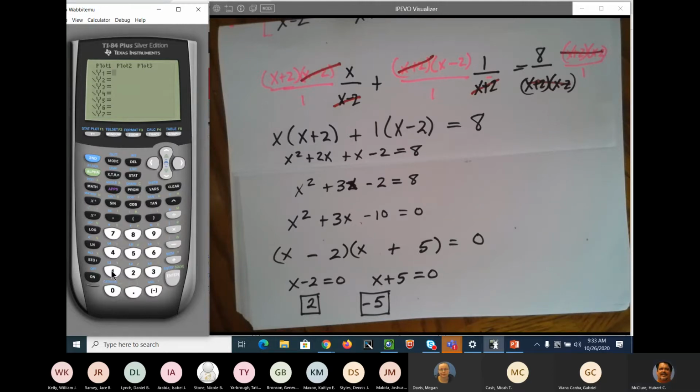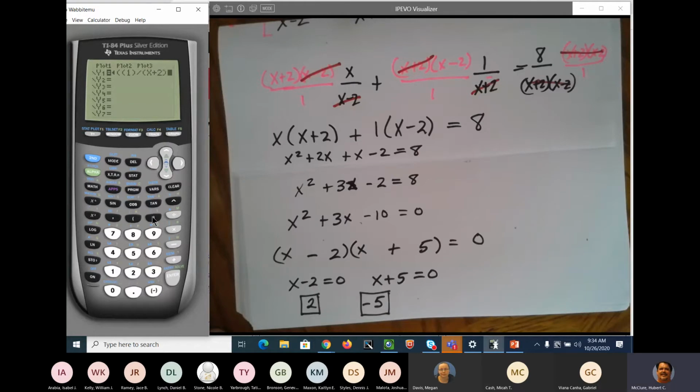Open parentheses, x, close parentheses, divided by, open parentheses, x minus 2, close parentheses, plus, open parentheses, 1 divided by x plus 2, close parentheses.